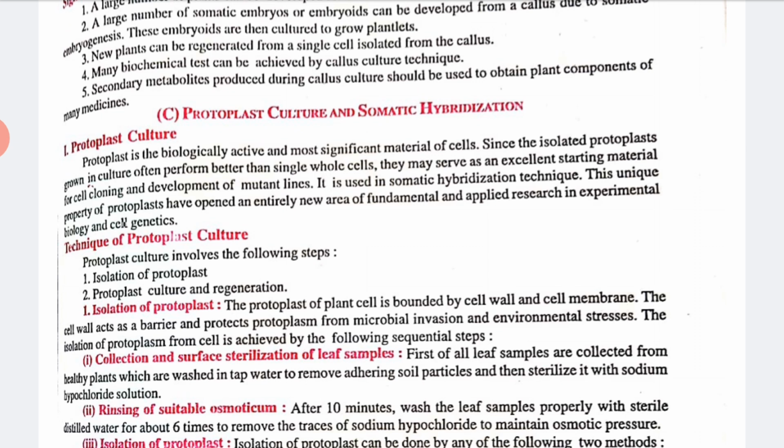Okay, so in isolation, first of all we will do the collection and surface sterilization of the leaf sample.